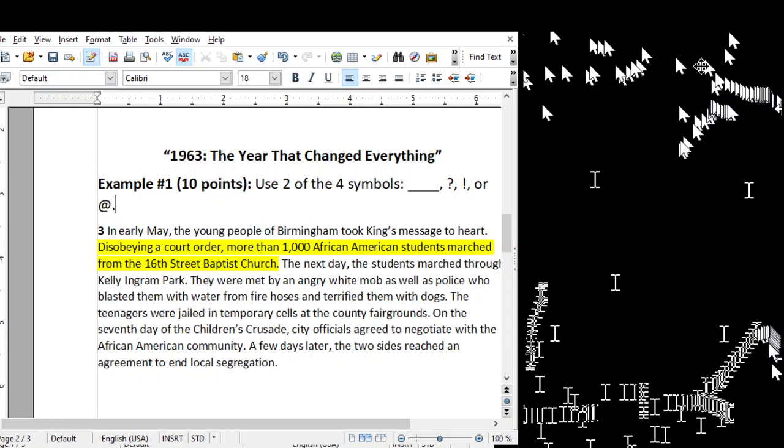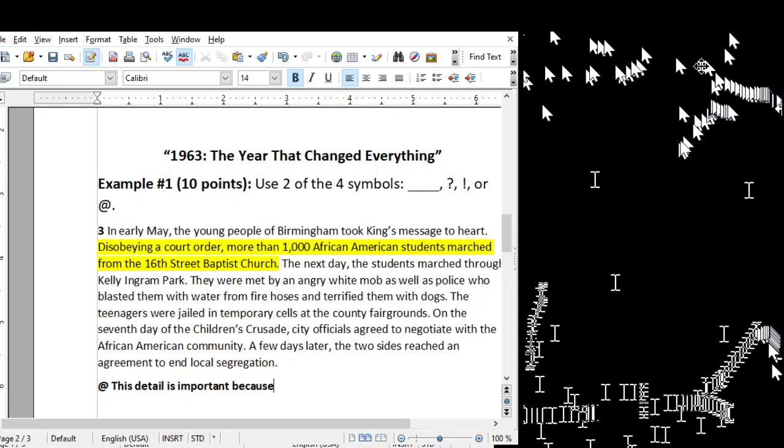And let's say I'm thinking that that's an important detail, right? So at the bottom of the paragraph or underneath the paragraph, I'll put @ and I would say this detail is important because, and then I would give my reason.